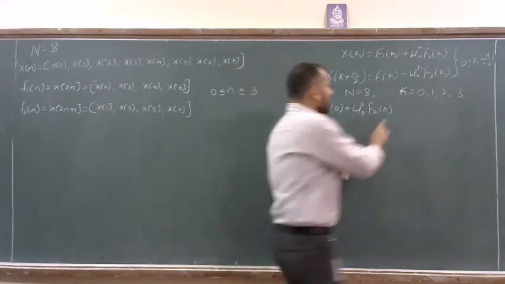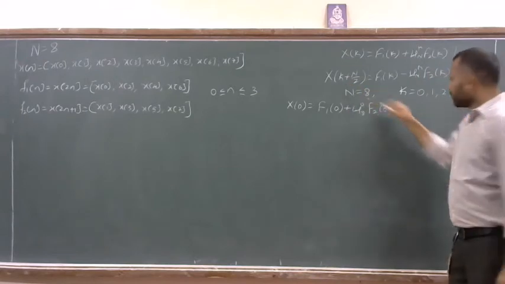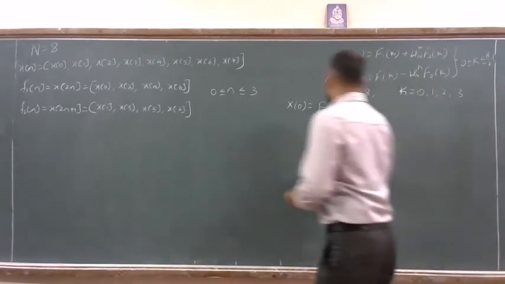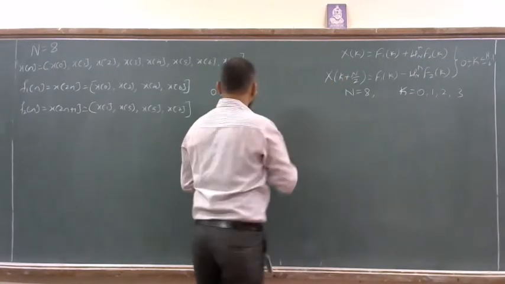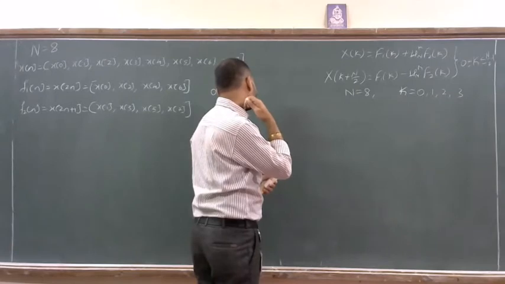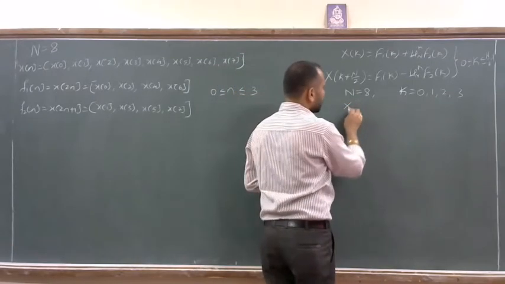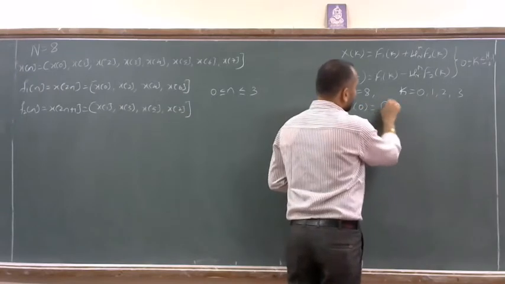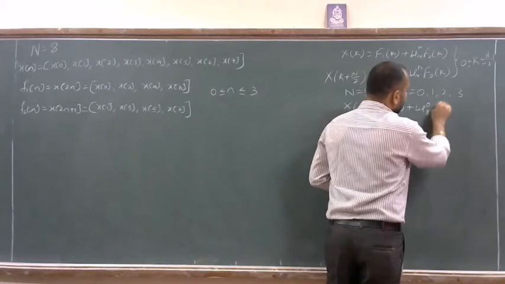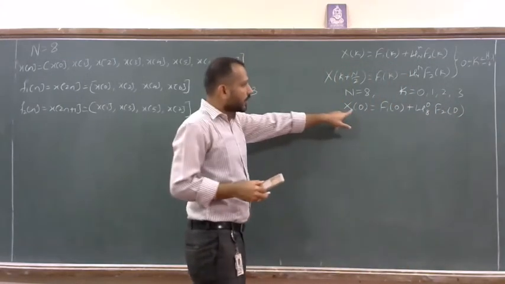Okay. If you substitute k equals 0 in the second equation, what will it give us? X of 0 will be F1 of 0 plus W8 0 F2 of 0.